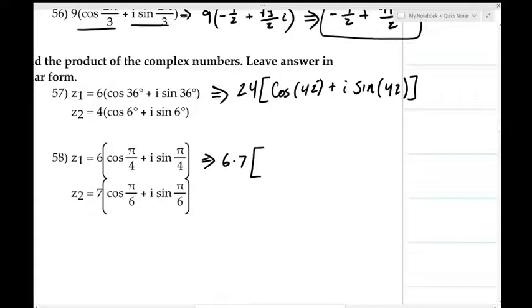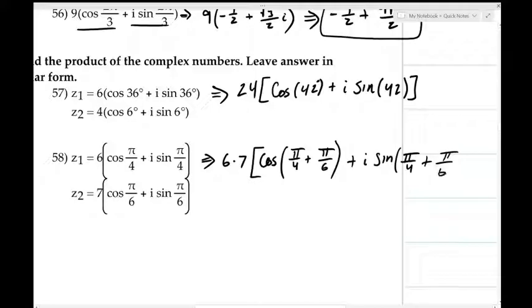Then we have cosine of pi over 4 plus pi over 6 plus I sine of pi over 4 plus pi over 6. Okay, so that is the setup.